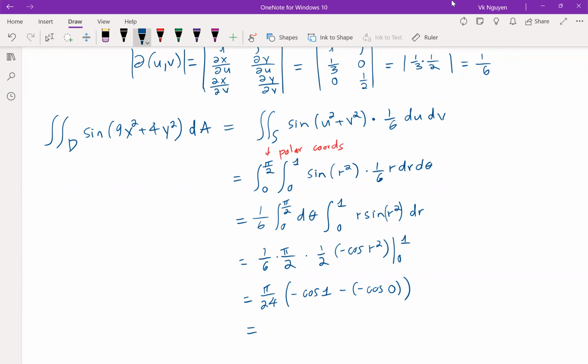Cosine of 0 is 1, so it's going to be 1 minus cosine 1. So pi over 24 times (1 minus cosine 1). That is it, because I don't have a calculator. It's a good enough answer here.